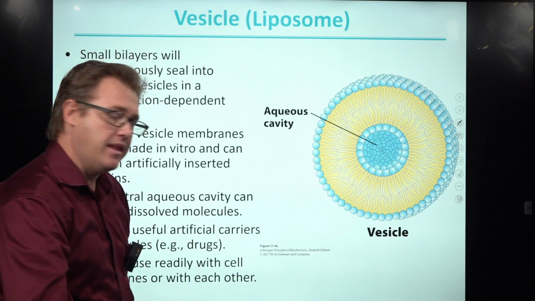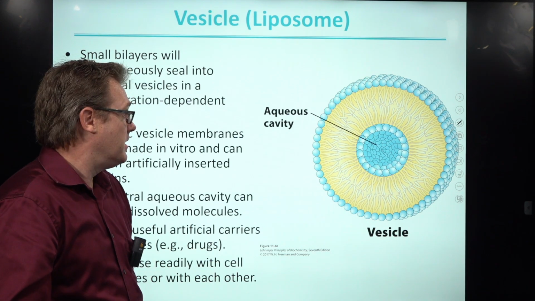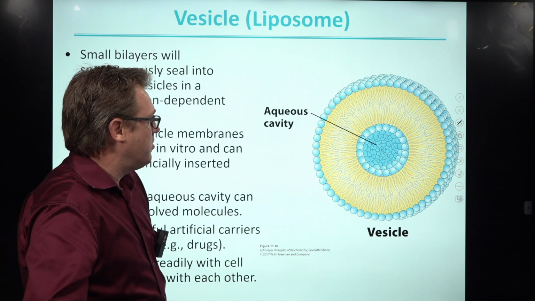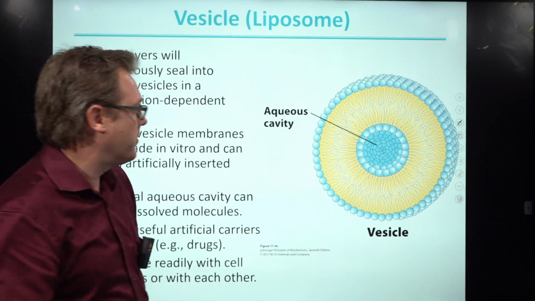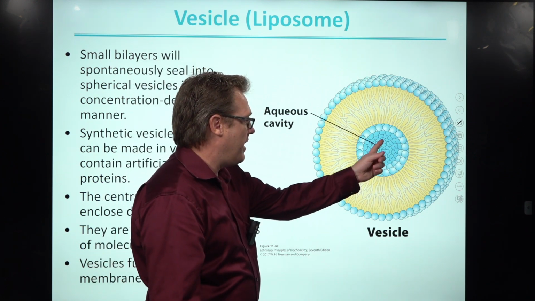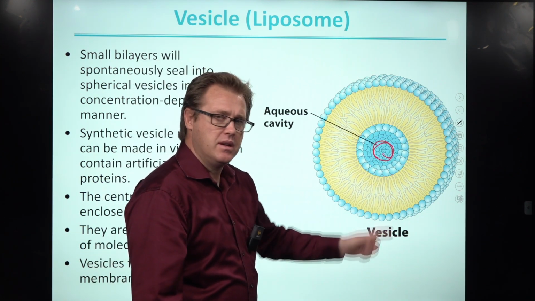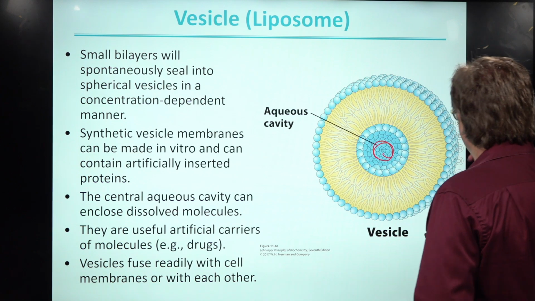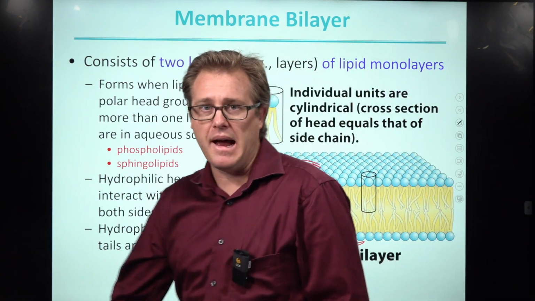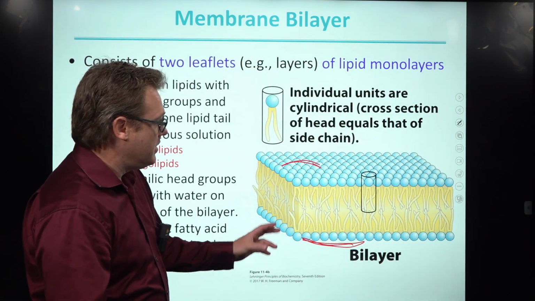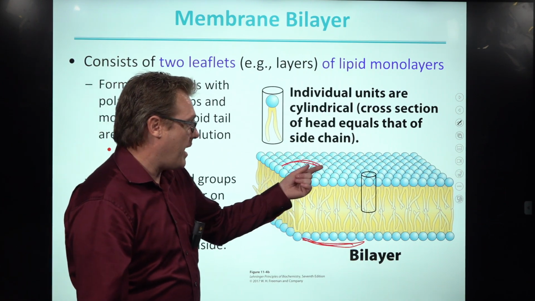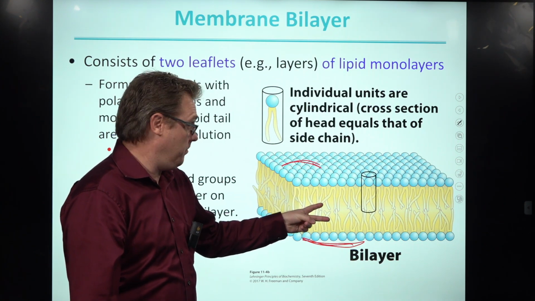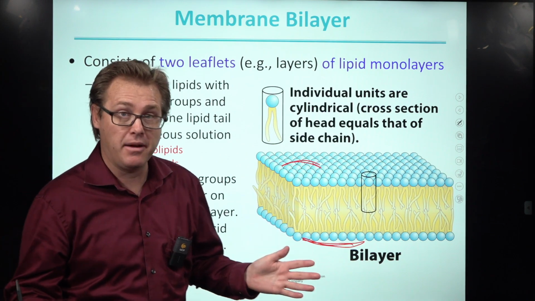Now we have in this image a vesicle. You can see it also is a bilayer, but now it forms this sphere. And within that sphere, you have an aqueous pocket. Now, why would the lipids do this? Well, if we take a look at this bilayer here, I just explained why we have a bilayer, right? Because we want to get those hydrophobic tails away from the aqueous environment.